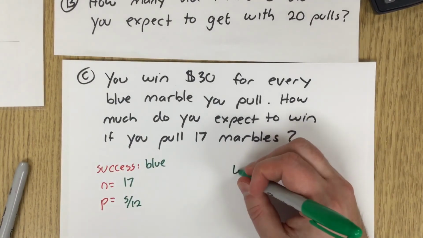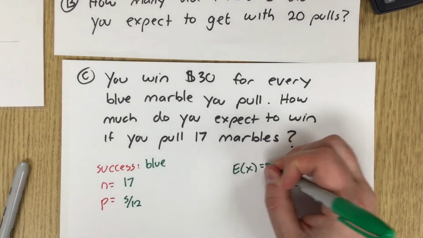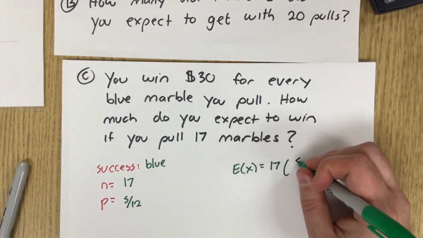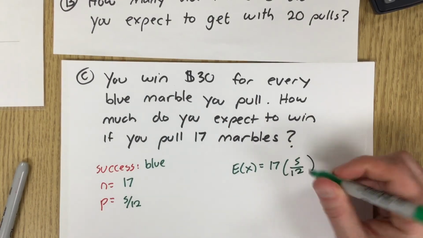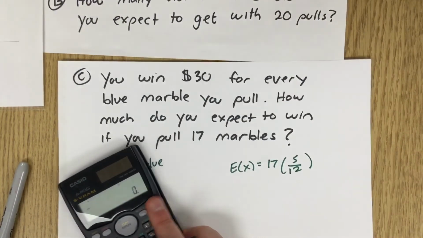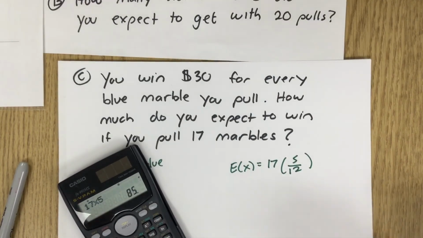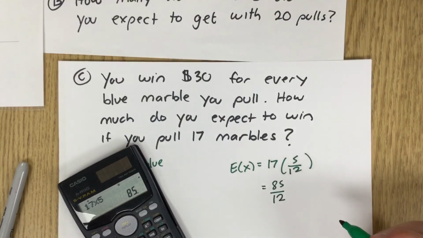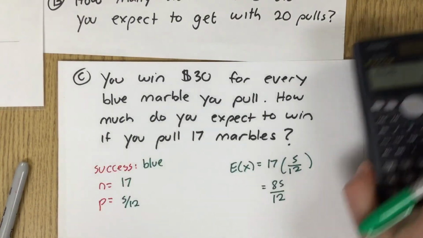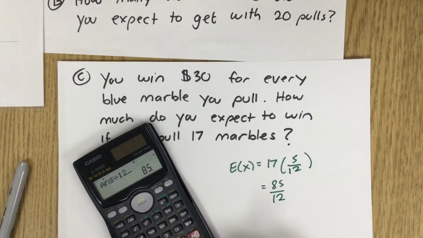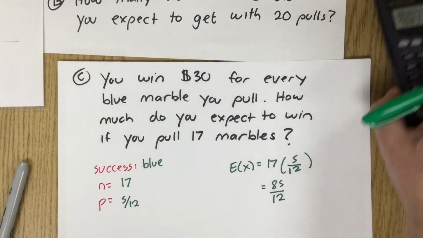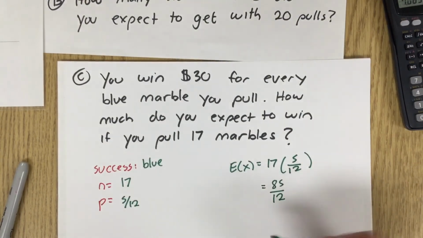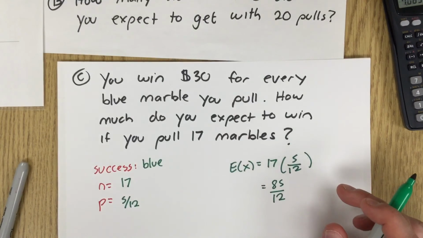And so what we say is the expected number of successes is 17 times 5 out of 12, which is 85 out of 12 successes, which I don't know what to call, but it's 7.08. But we get $30 for every marble.